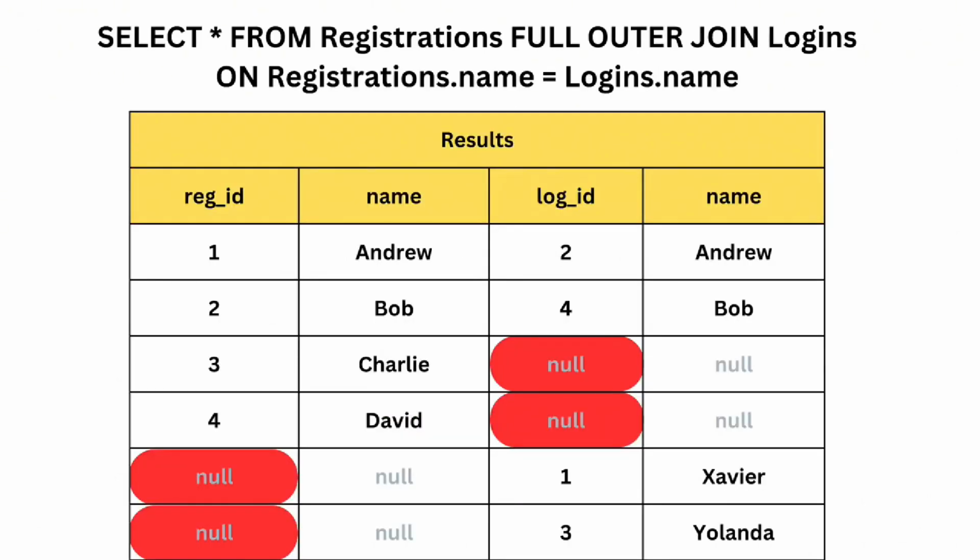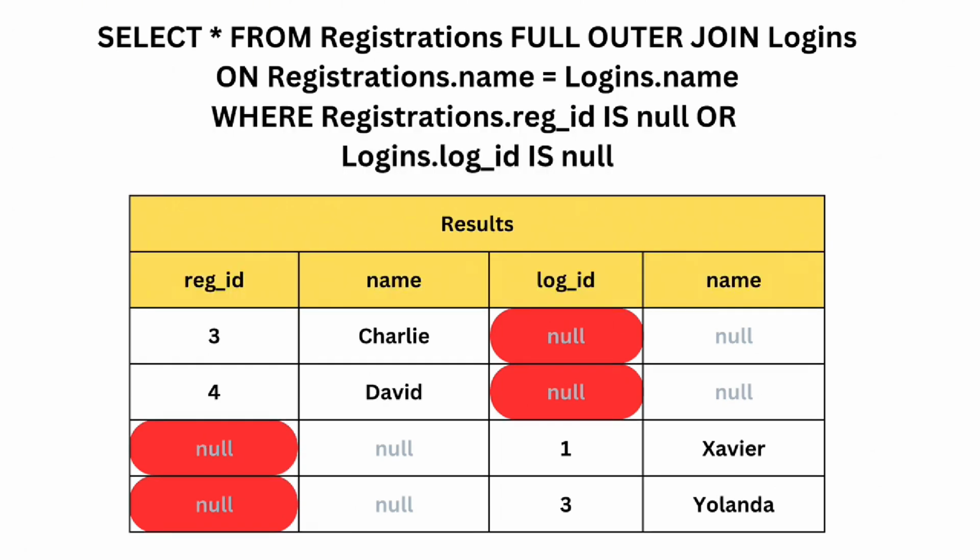This is what we had last time. This is a full outer join. And notice here we have null values for our registration ID and null values for our login ID. Technically, we could have checked for null name as well, but we're just going to use the ID column here. And what we're going to do is specify, grab them where there's only null values for that.